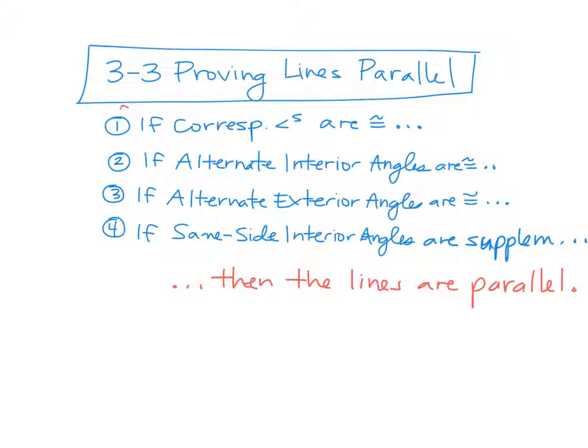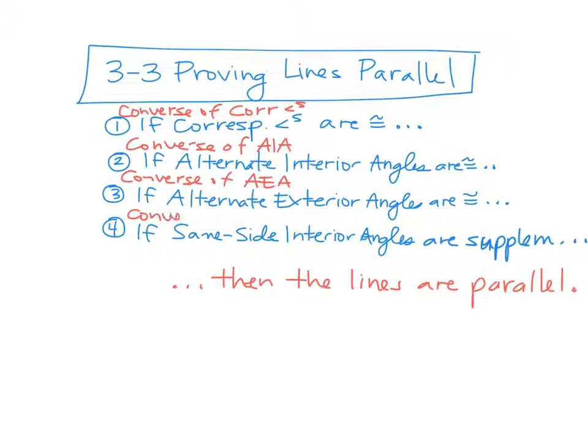So for instance, this is the converse of corresponding angles, right? This would be the converse of alternate interior angles. This would be the converse of alternate exterior angles, and this would be the converse of same side interior angles, okay?